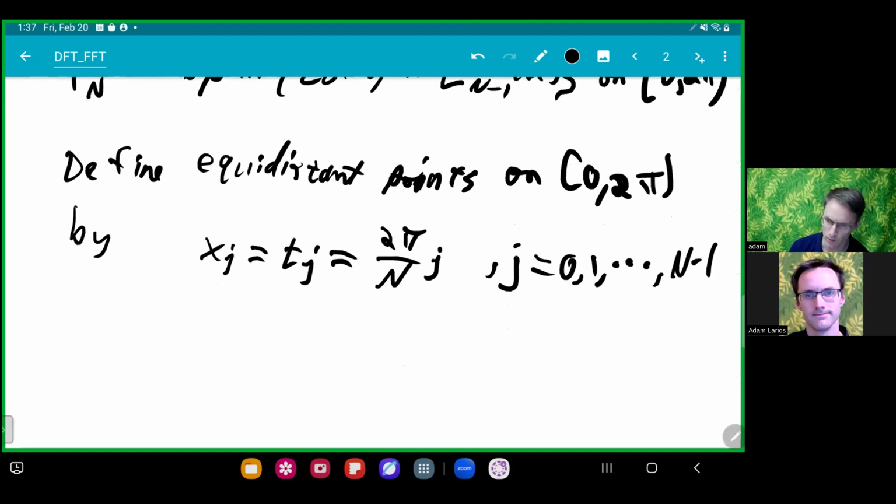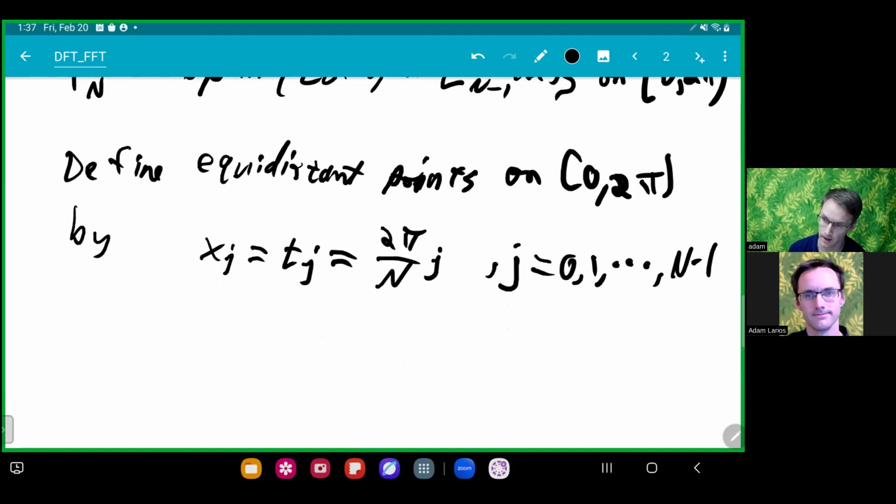Okay, so what's the interpolation problem? First of all, notice that before we just said, well, we could take any arbitrary points. We are now taking a fixed equidistant set of points here, and that's very crucial for the analysis that comes ahead. We'll always want these to be equidistant points from now on.